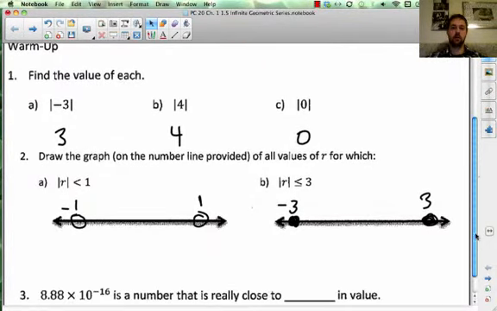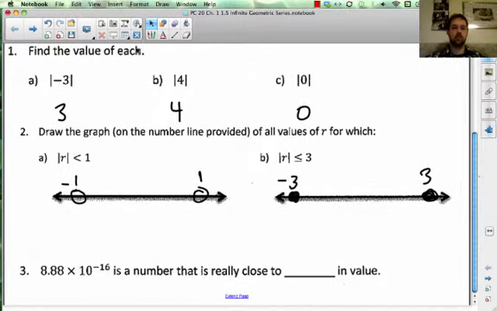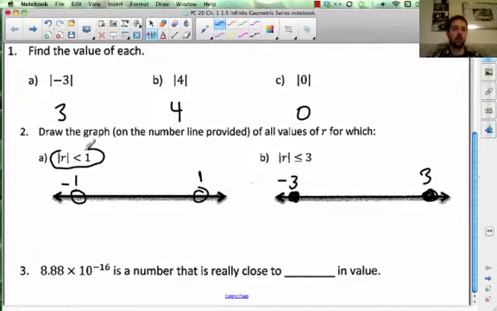Here are the answers. I'm not going to talk about these first three, but I will briefly touch upon this. If we think about what the absolute value brackets mean, even if we have a number that is negative, but still has an absolute value that's less than 1, then it fulfills this inequality right here.